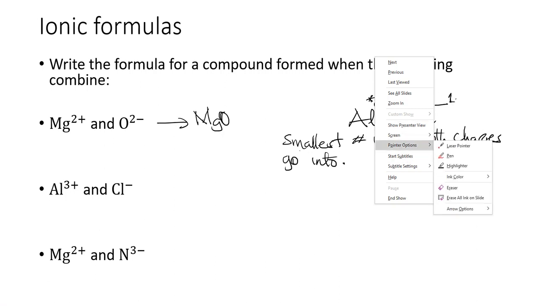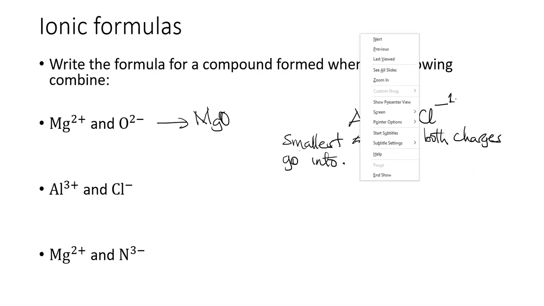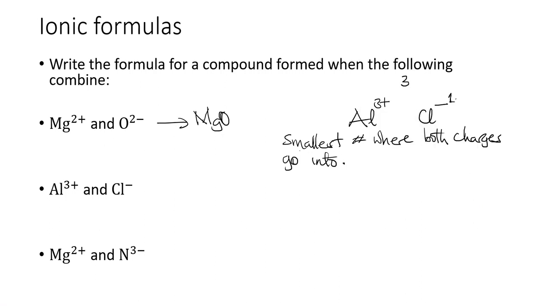So let me get this pointer, and now once I find that number, the second thing I'm going to do is say, let me have aluminum and give it a subscript.